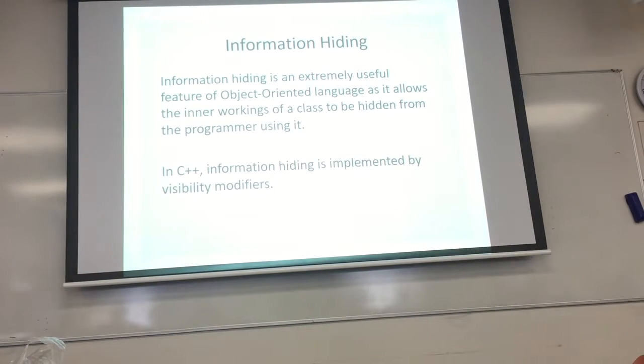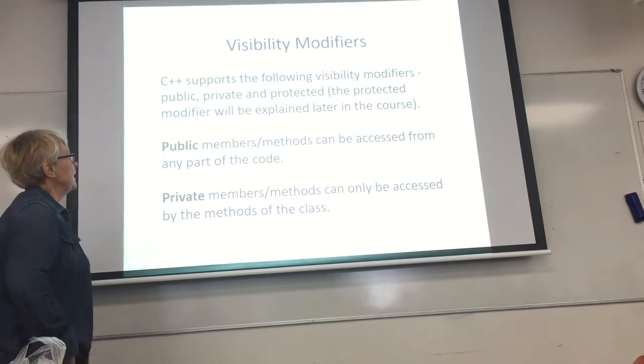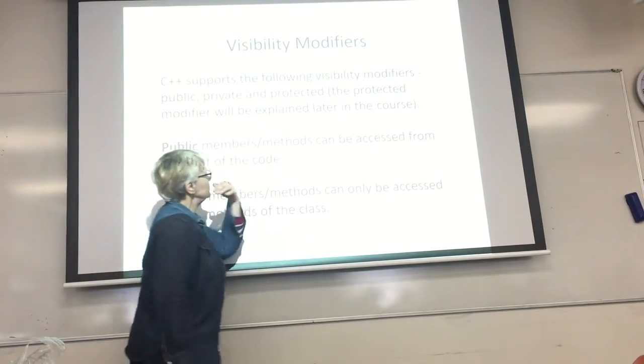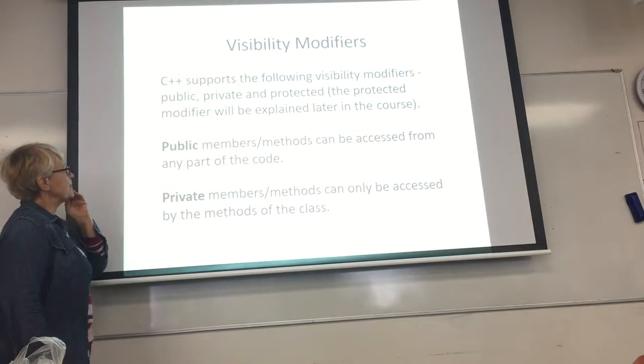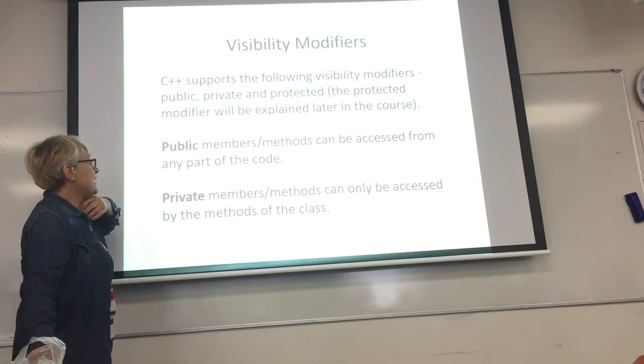So in C++ and in Java, this information hiding is done with visibility modifiers. That is the public, which you have seen, and private keywords. There is a third one in both languages, protected, but this comes when we talk about inheritance after the term test.